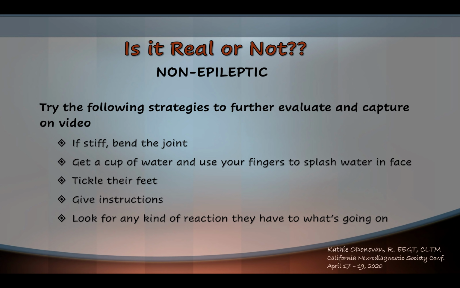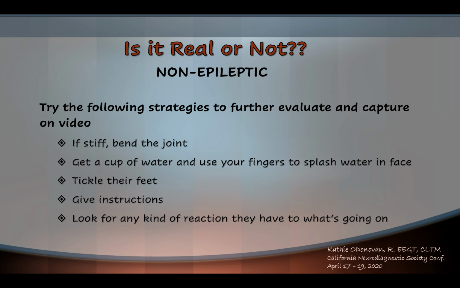Any kind of response they give you would demonstrate that it is non-epileptic, because you cannot have anything generalized and be able to respond. That's the nature of generalized seizures. You're not going to be responsive. So you can get them to respond anyway. Even saying, okay, just nod your head if you're okay. That kind of thing.